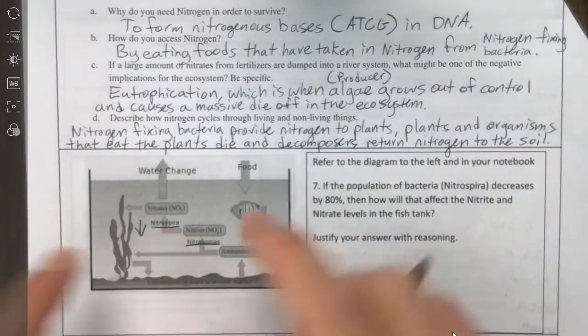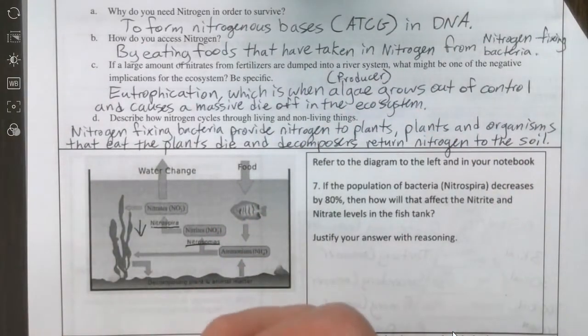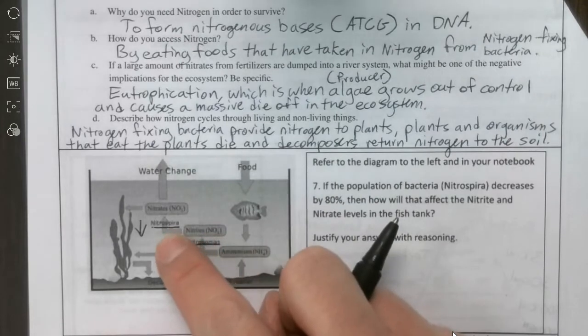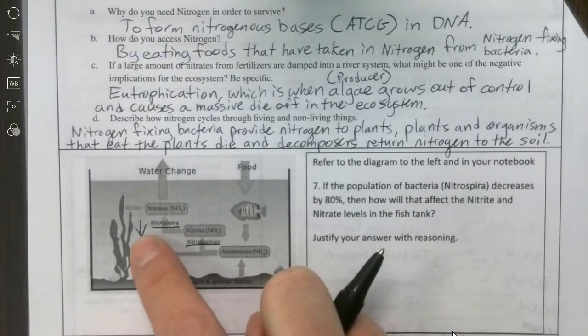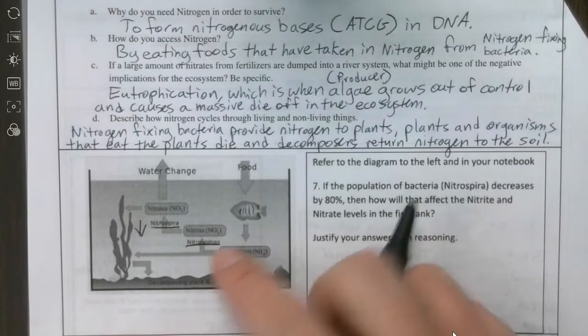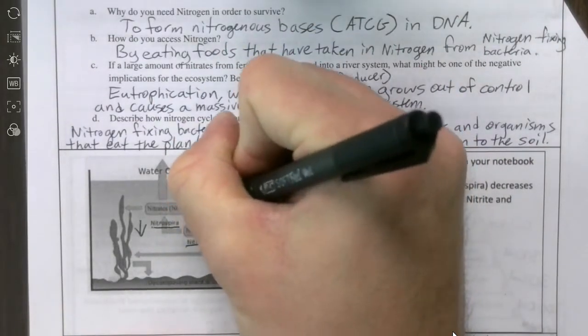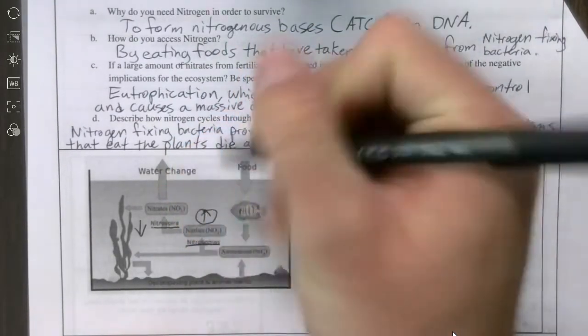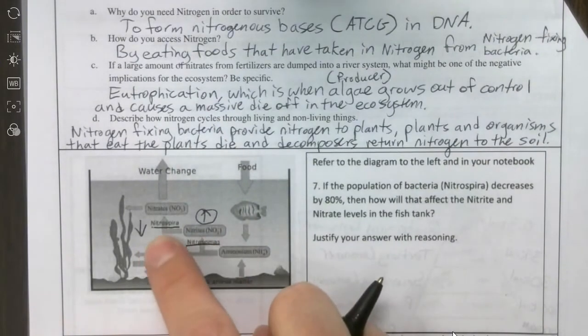So if the Nitrospira takes in the nitrites and releases nitrates, if we've decreased the amount of Nitrospira, that's going to increase the amount of nitrites because there's less Nitrospira taking it in.